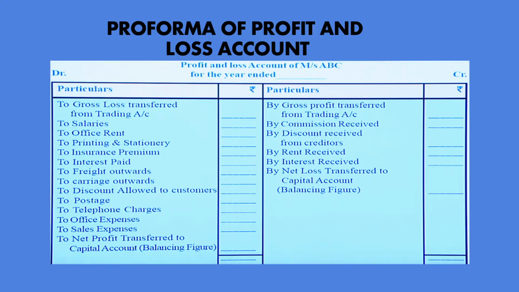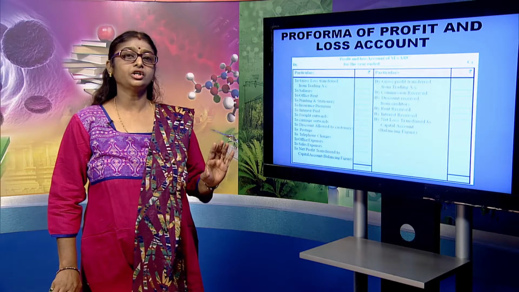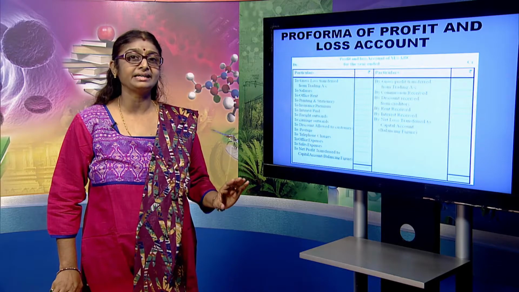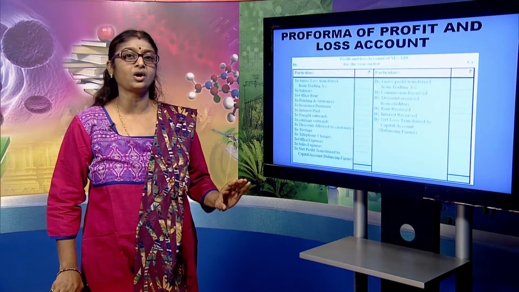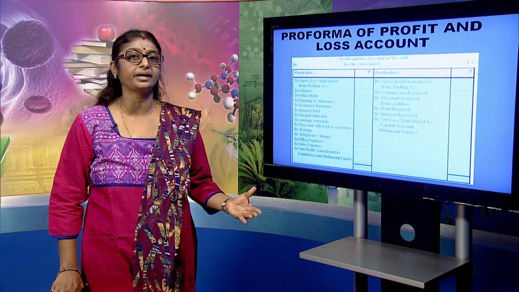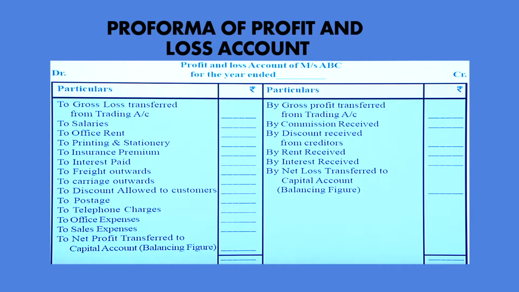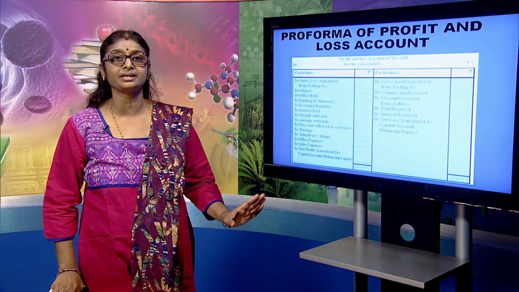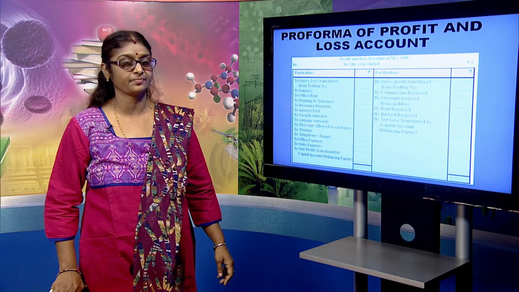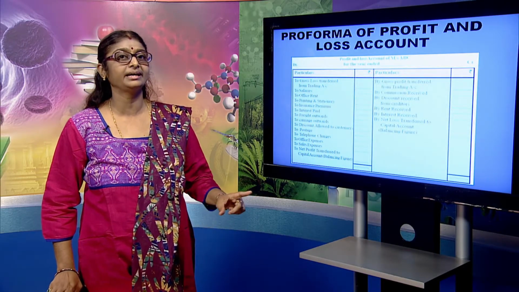Then all indirect expenses are written on the debit side. So in a question, you can easily identify in this way: whatever expenses are necessary to make a product into a saleable one can be included as direct expenses, and all other expenses can be considered indirect expenses. So you are clear, I think.